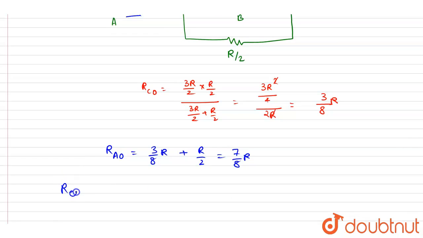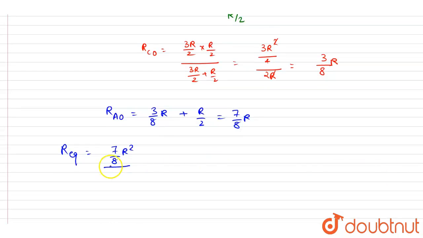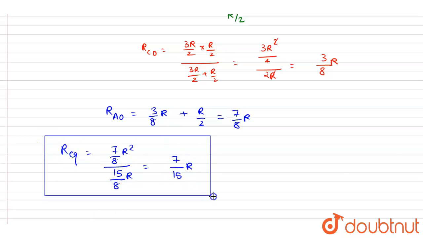So we'll write down the R equivalent as 7 by 8 R into R, that is R1 R2 by R1 plus R2. So 7 by 8 plus 8 by 8 will be 15 by 8. This will be the R equivalent.